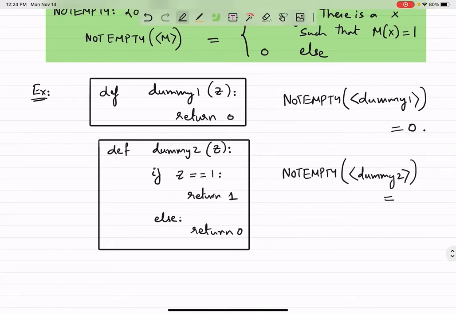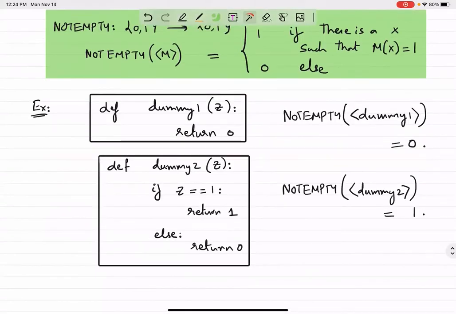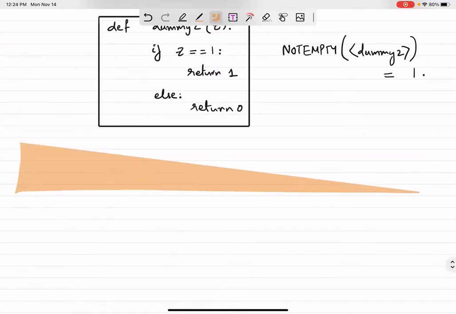It's going to be 1, right? Because there is some input on which the program outputs 1. Most inputs give 0, but there's something, and that's all that matters for the definition of not empty. So now we want to check if there is a program which can take source code like this and tell me something about its input-output behavior. Is it possible or is it not? And my claim is that it's not possible.